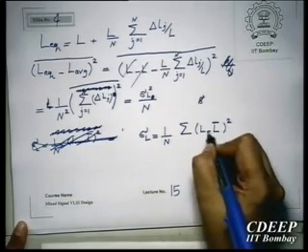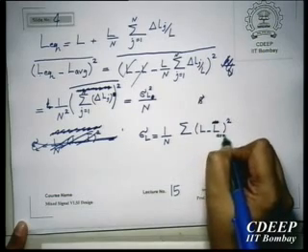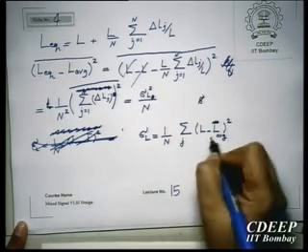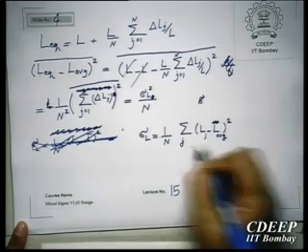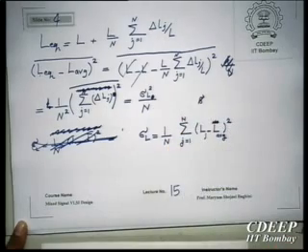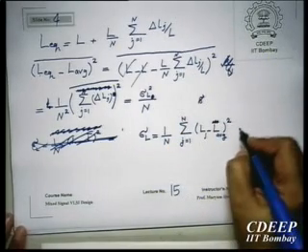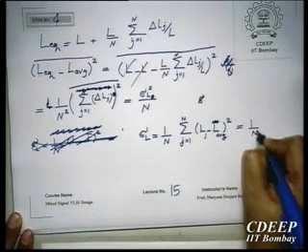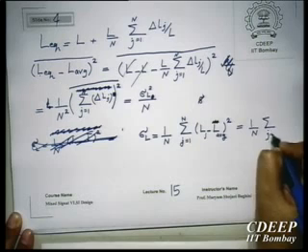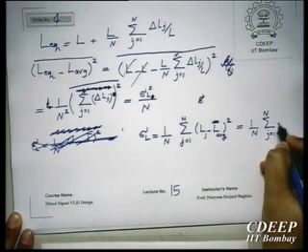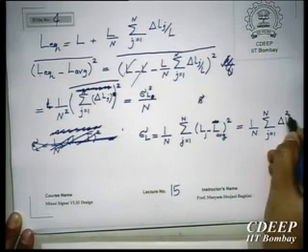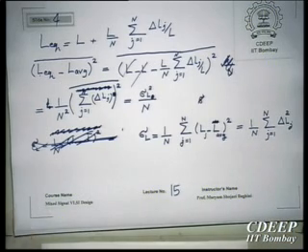L bar, which is average, in fact, L average. Which is equal to 1 upon n summation j from 1 to n delta L square, right? This is correct. Sigma L square, right?